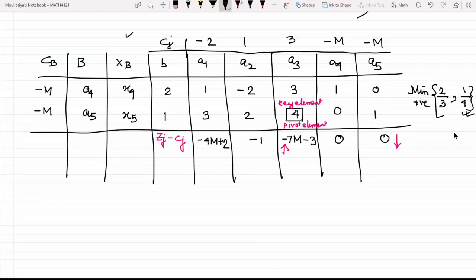Okay, what about the optimality condition? The condition is Zj minus Cj should be greater than or equal to 0 for all j. Is that being satisfied at this level? It is not, so we need to do one more step.